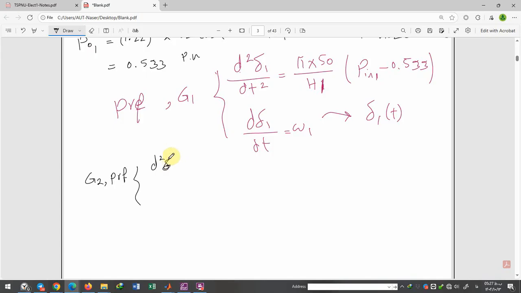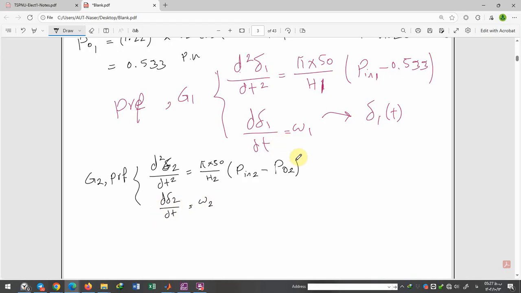d2 delta 2 over dt2 is pi times 50 Hertz over H2, P mechanical input of 2 minus P output, electrical active power output of generator number 2, and d delta 2 over dt is omega 2.